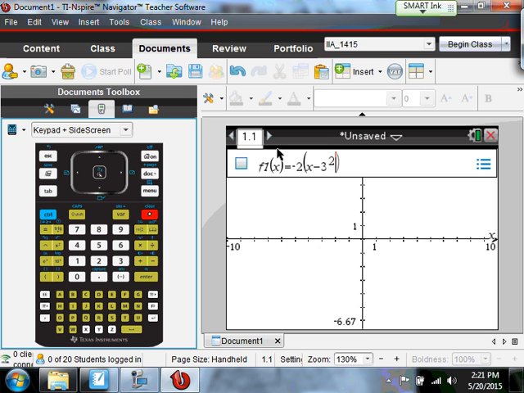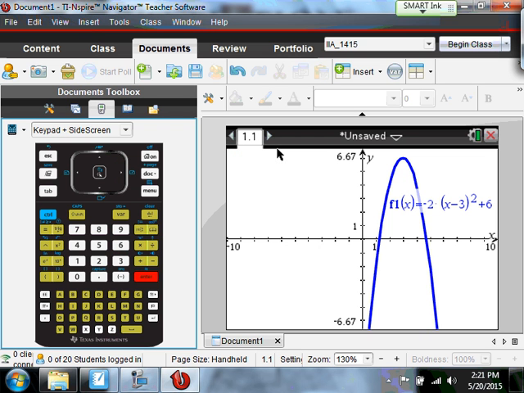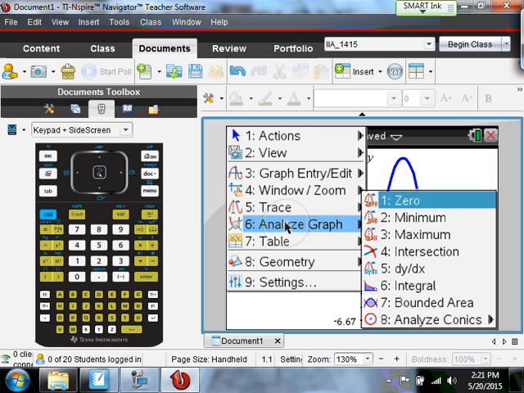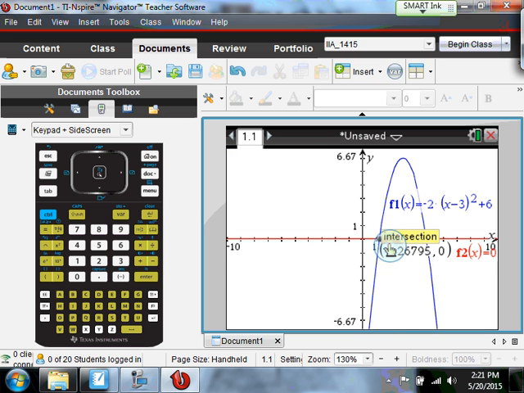There we go. So this graph does, in fact, have x-intercepts, doesn't it? So maybe I want to add that horizontal line when y equals 0, and to find my x-intercepts, I'm going to use my special eyes. I want the intersection point there and there. So there's my x-intercept.